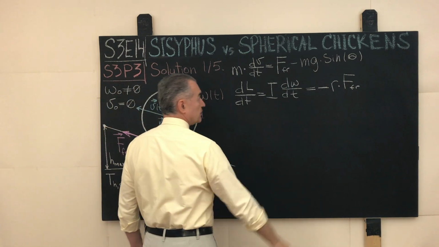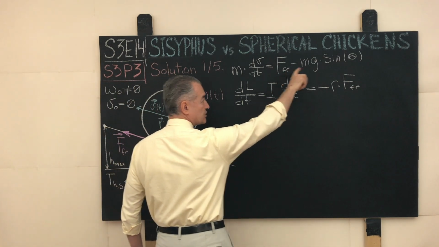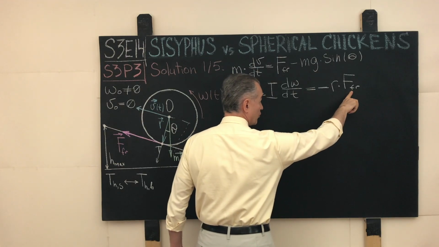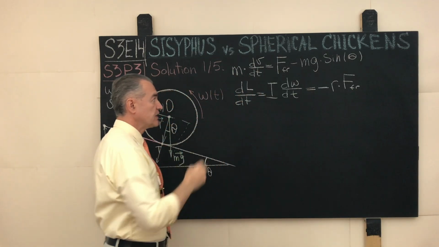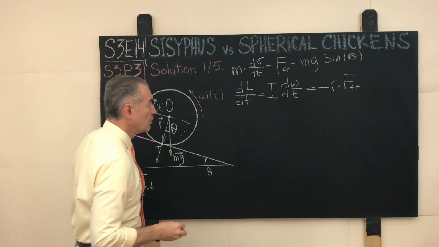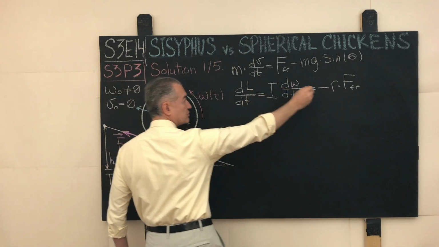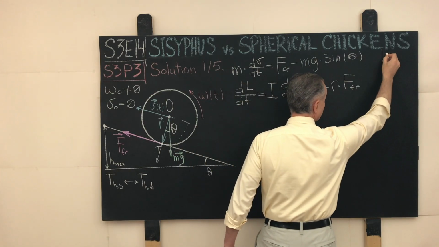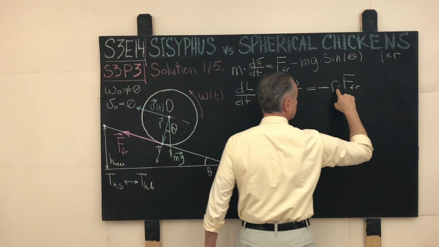So from here we see that we have the force of friction. Here we have the force of rolling friction. We want to eliminate it. We do not care about that force right now. What can we do? We can multiply this equation through by r.